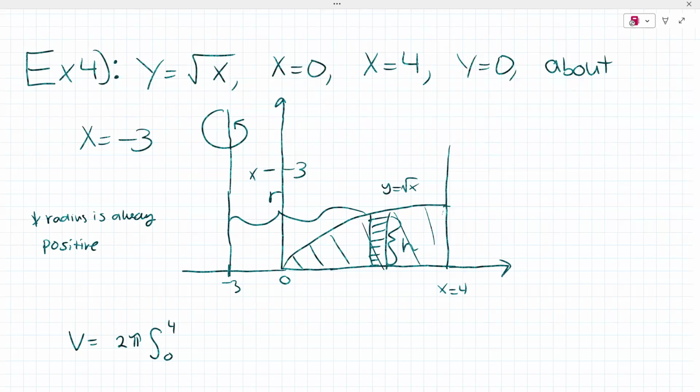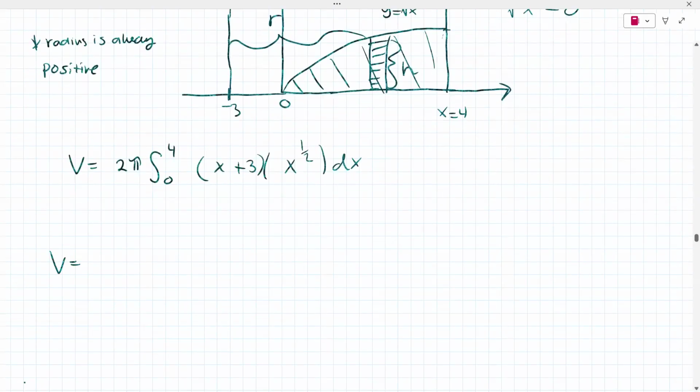So that's something to note: radius is always positive. Two negatives become a positive, so our radius is going to be x plus 3. And then our height is going to be the square root of x minus 0, so that's just the square root of x, or x to the 1/2, dx.